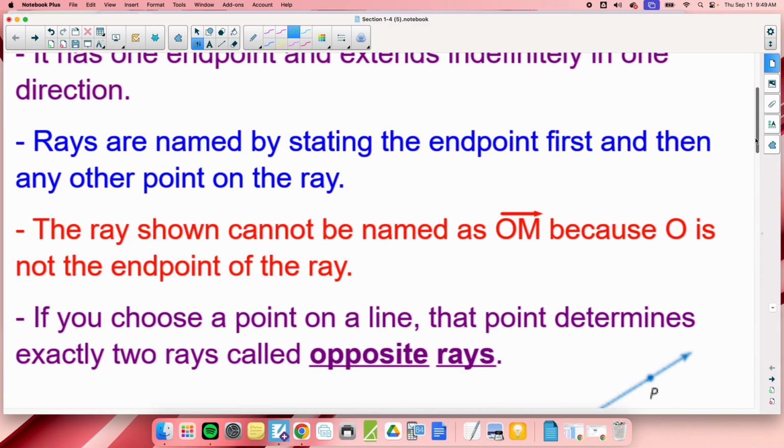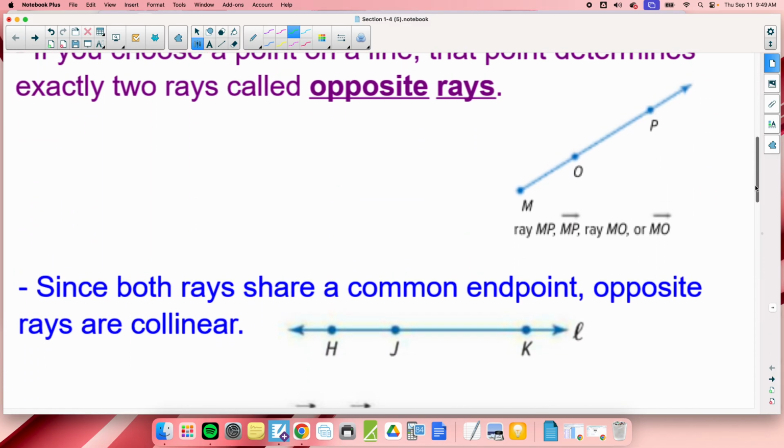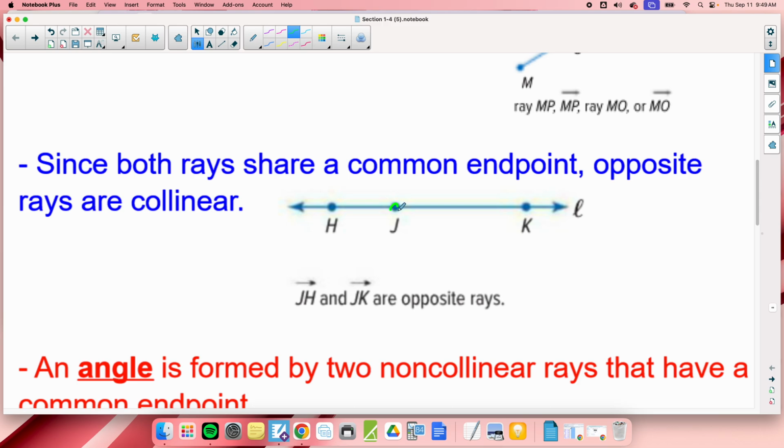Now another thing that you can have is something called opposite rays. Here's what I mean by that. Ray JK starts at J and goes forever off to the right. Ray JH starts at J and keeps going through H on the left.